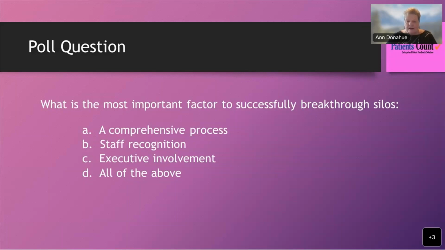And it looks like our audience agrees with what my answer to this question would be, and that's all of the above: a comprehensive process, staff recognition, executive involvement. All of these are critical if you want to get everyone in the organization involved. So with our alert system, when people are alerted that they have a score below a 4, that's not acceptable in our organization.